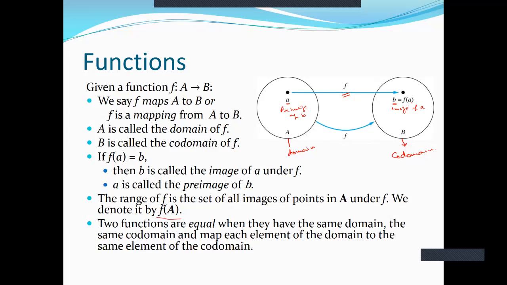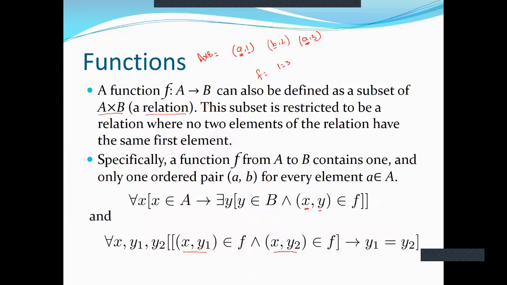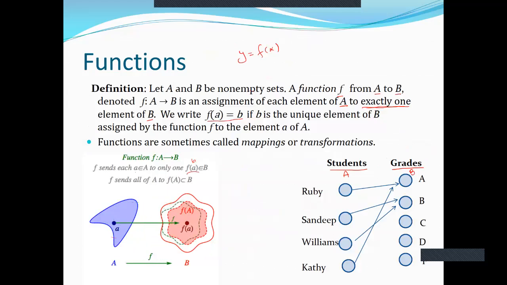This is the range. So the range of function f is the set of all images, the images here in the set B, of points in A. So it is the set of all the images that are mapped from the set A. We denote it by f(A). So for example, let me take the example from the first slide.